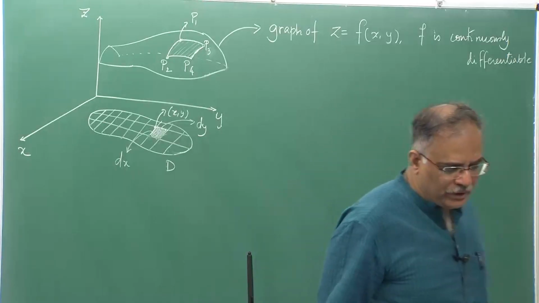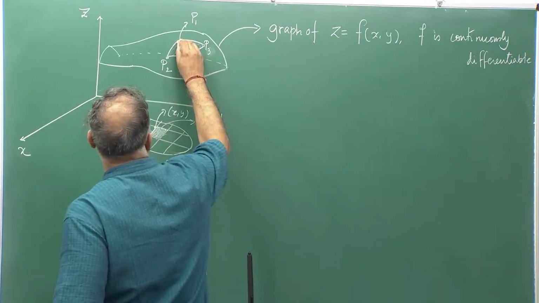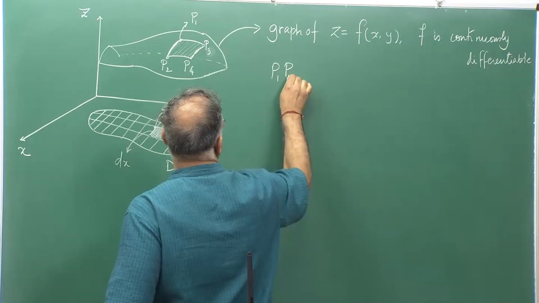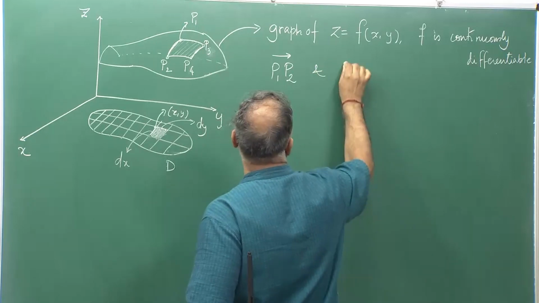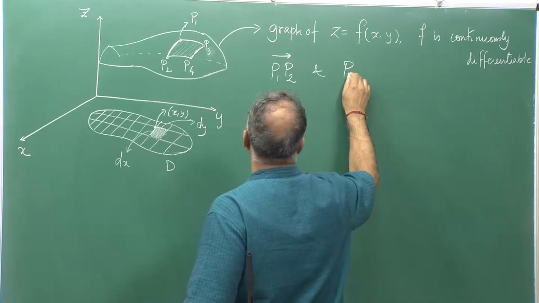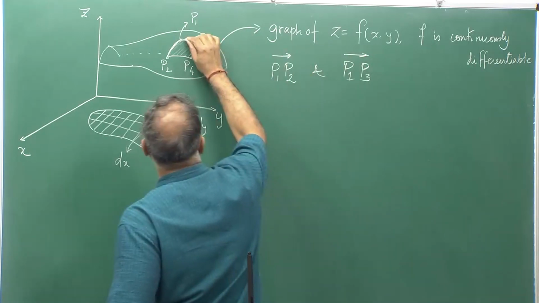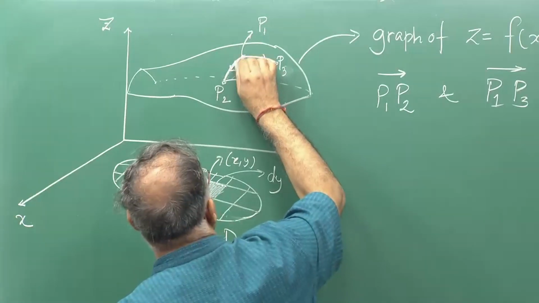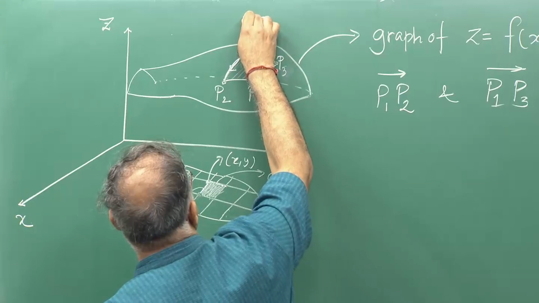So, I am now looking at these two vectors: the vector P1 to P2 and the vector P1 to P3. The area vector would become a kind of cross product of these two vectors, which will be normal to the surface.